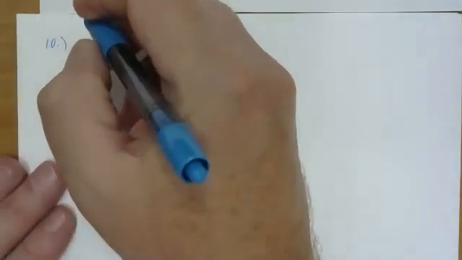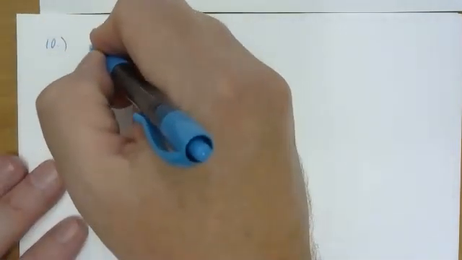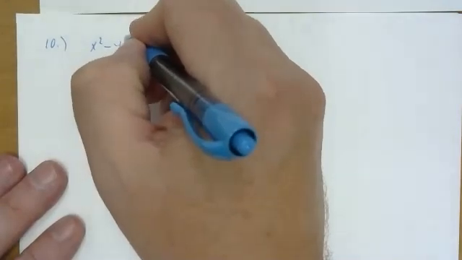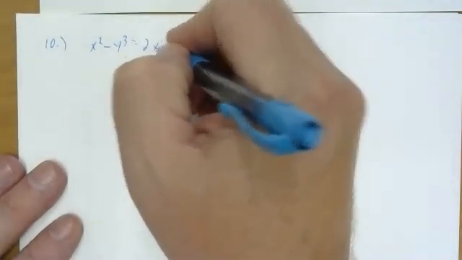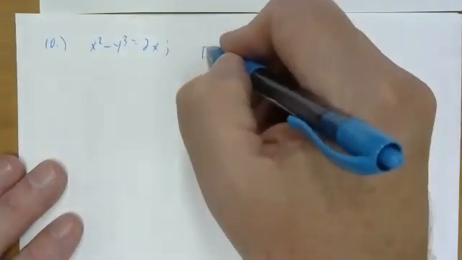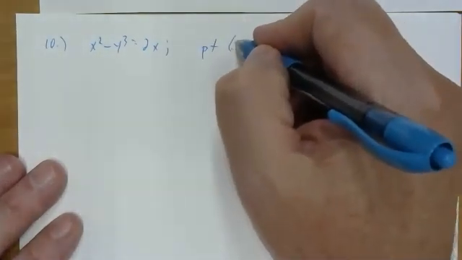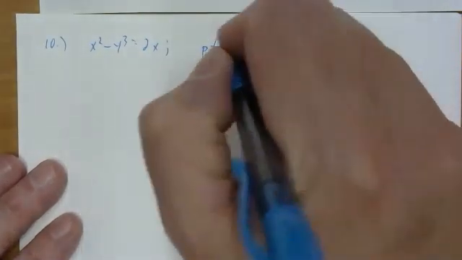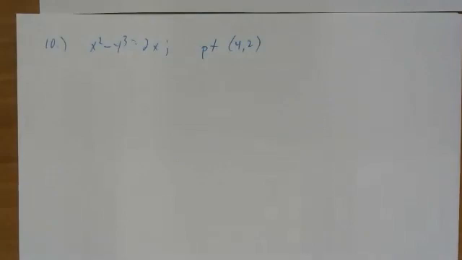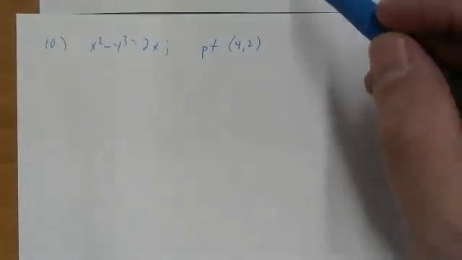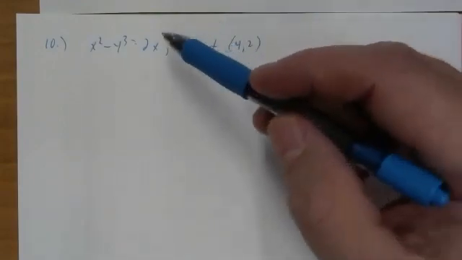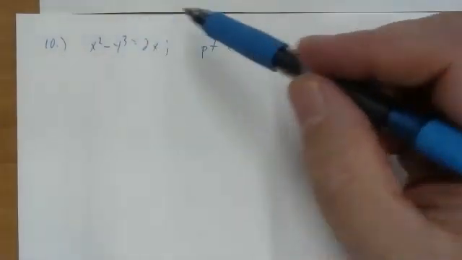I'll just write it out. The equation is x squared minus y cubed equals 2x. And the point is (4, 2). And they want to know the equation of the tangent line at this point.